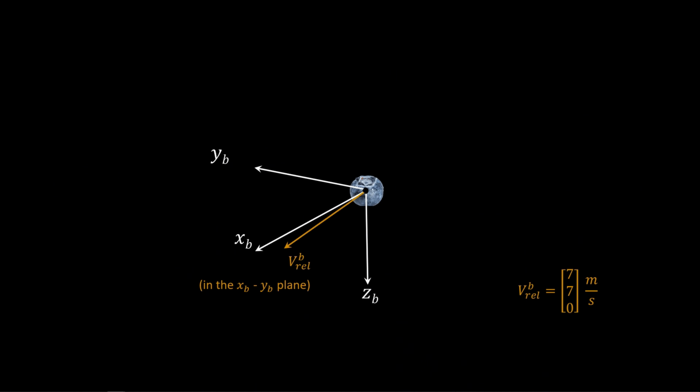The way to visualize this initial condition is first realize that VREL is in the body YZ plane. Then, angle of attack involves the left-hand rotation of the body y-axis through alpha so that VREL is in the XS-YS plane.